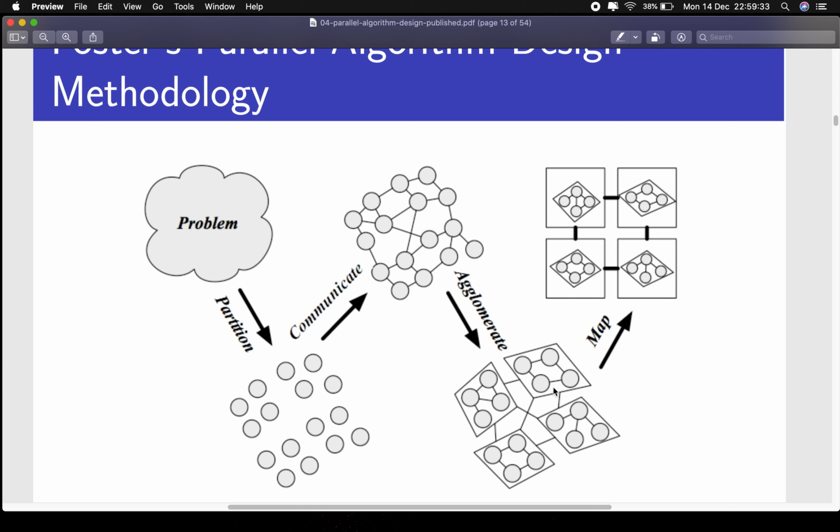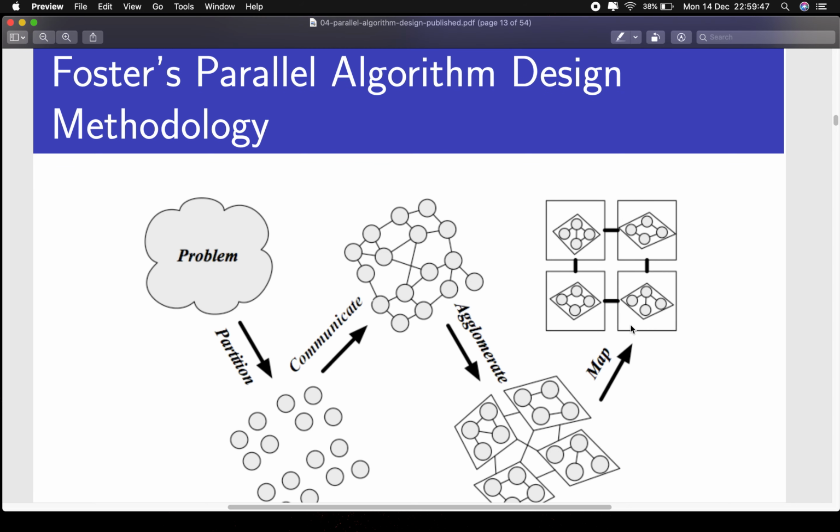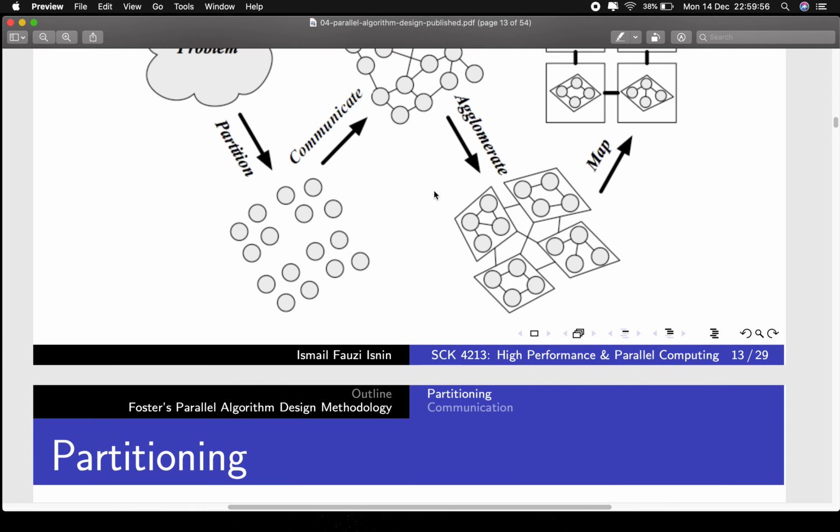There will be a link for each group. This is the sequence of methods, 1, 2, 3, 4, in the Foster parallel algorithm design.